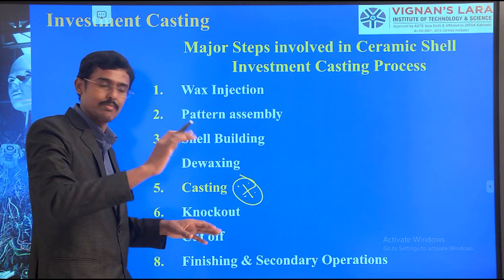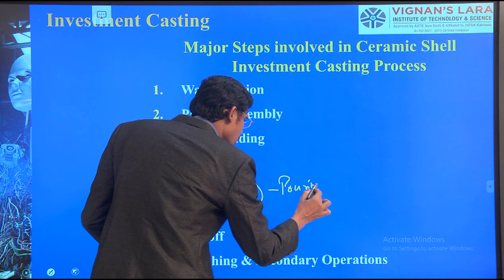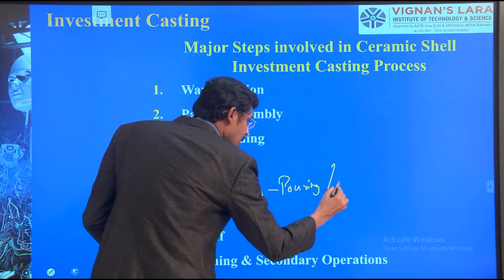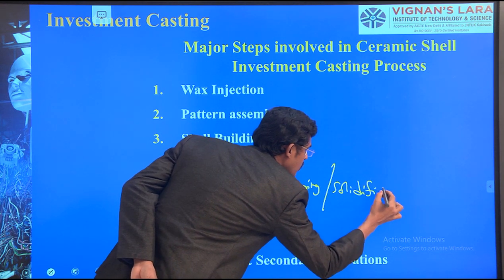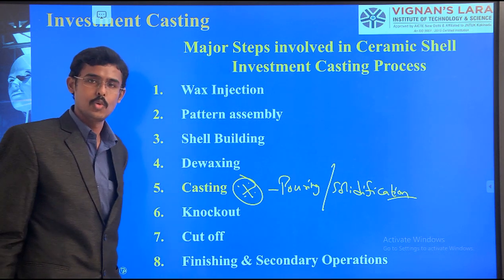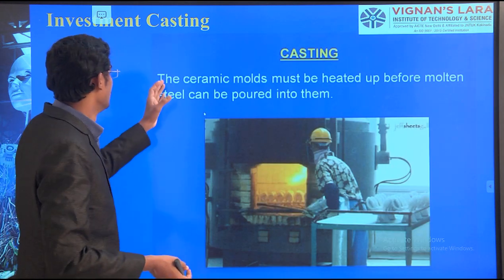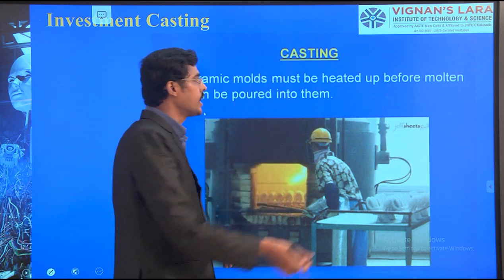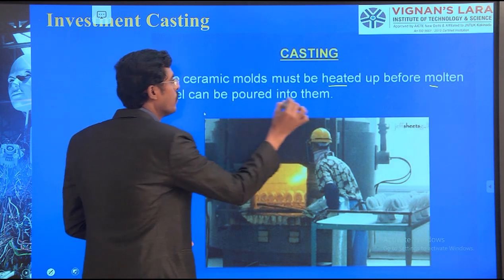Now it's very simple. Now what are we going to do here? Pouring and solidification are to be done here. These are not easy. The ceramic mold must be heated up before molten steel can be poured into it.